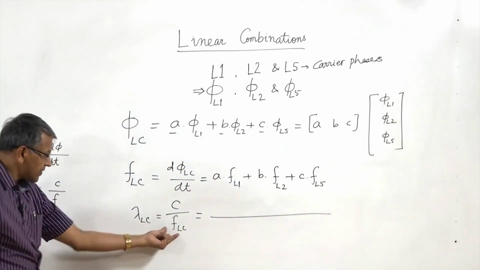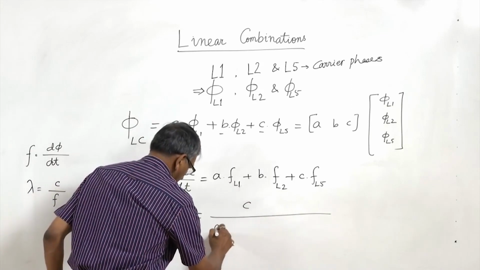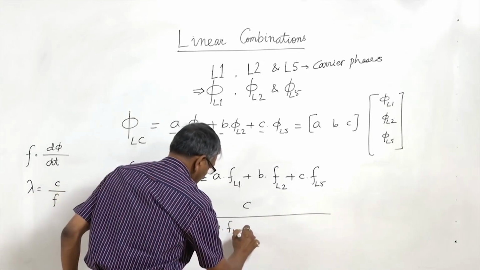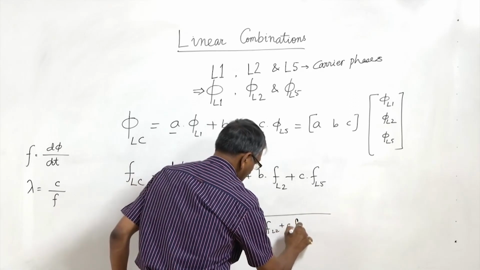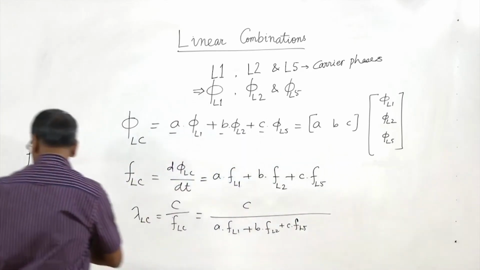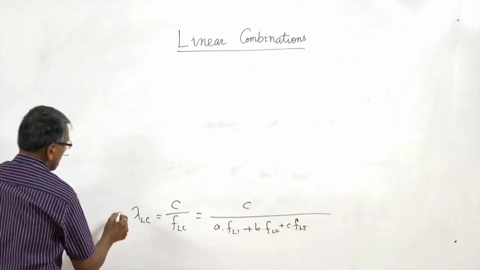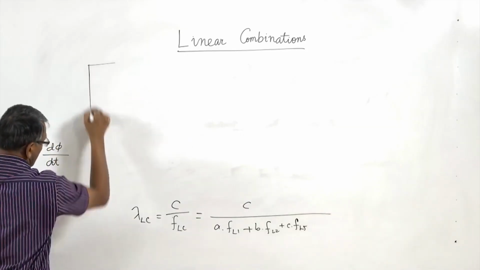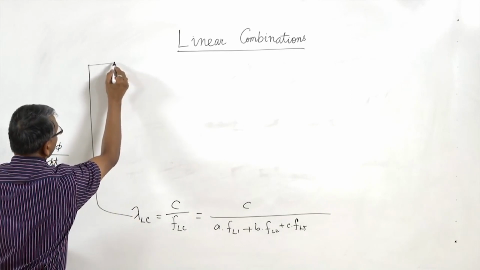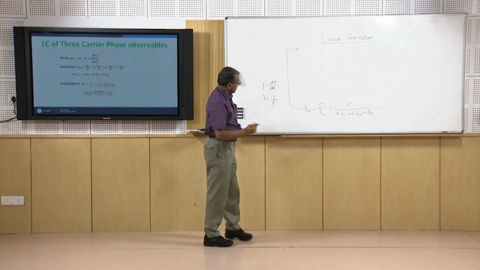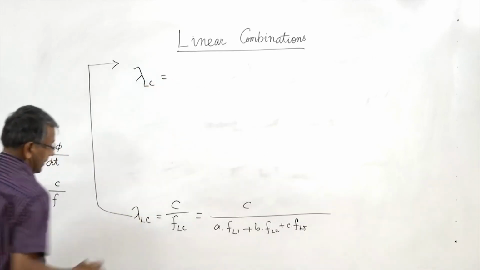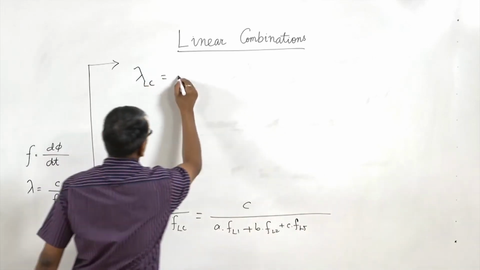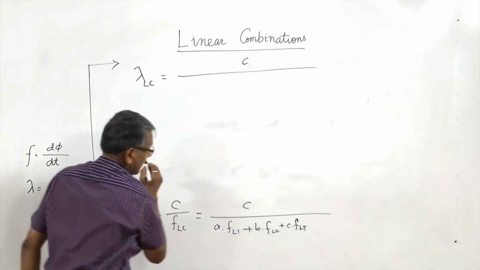The frequency of this is equal to A into f L1 plus B into f L2 plus C into f L5.